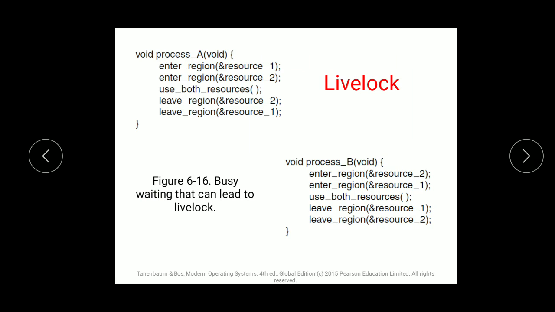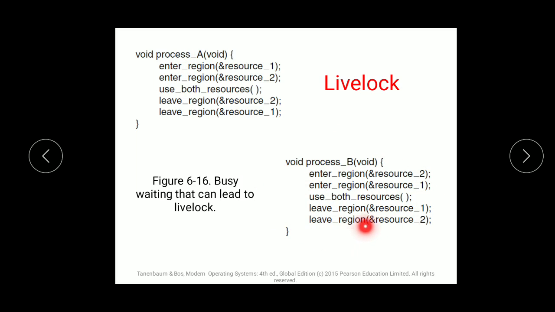The last is livelock. Livelock again is not actually a condition. Livelock is to check whether your problem has a solution or not. It is basically not used nowadays because it's not applicable in many places, but livelock has certain classes and programs: enter the region of deadlock with resource 1, with resource 2, use both resources, leave the region with both resources, and provide them to another class.